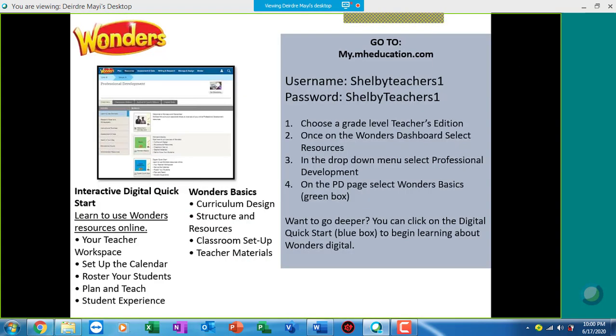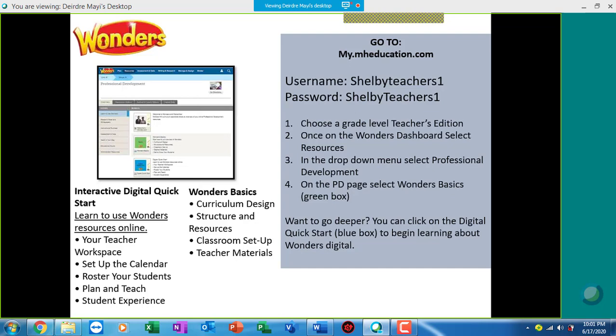I want to remind you, for those who want to have more on-demand content, you do have the interactive digital quick start in blue and the Wonders Basics in green. The URL and username and password are to the right.